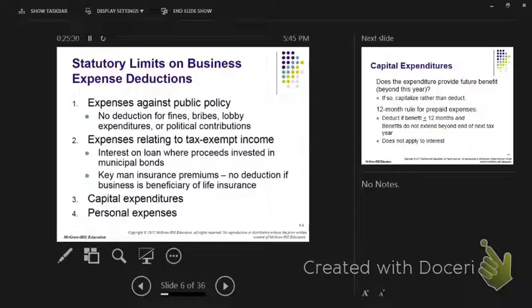So if someone is really important to the company and you take out a life insurance policy and the business is the one who gets the proceeds, you cannot deduct that as an expense. However, if you take out life insurance on your employees where their own family are the beneficiary, then you can deduct that as a business expense. But you can't deduct a business expense where you're the person who profits. And then you cannot deduct capital expenditures, and you cannot deduct personal expenditures.